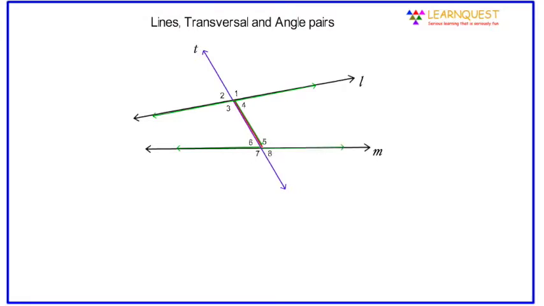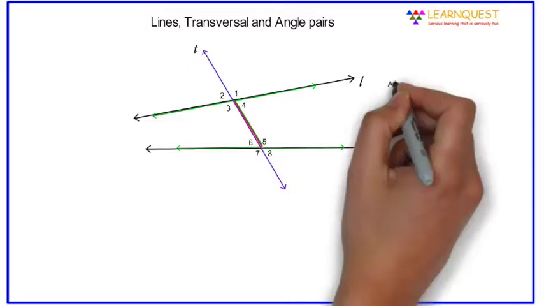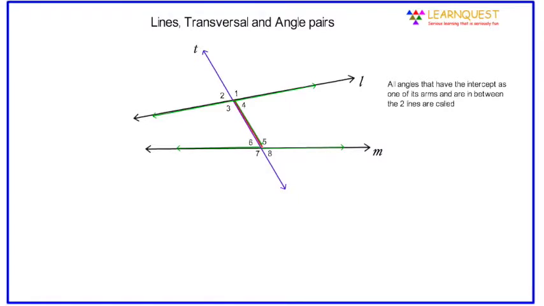All these angles which lie between the two lines L and M and have the intercept as one of its arms are called interior angles. In our figure, 3, 4, 5 and 6 are the interior angles.